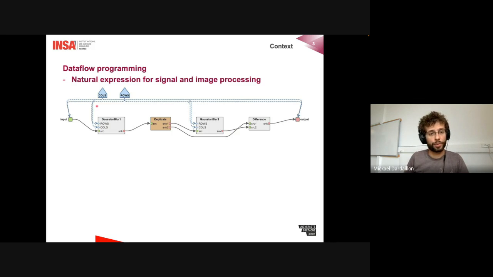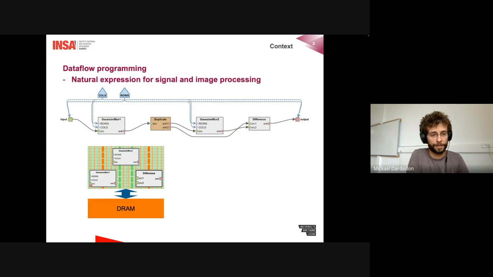But if we want to map that on an FPGA, what we could do is put the different kernels, which are here, directly mapped on the resources of the FPGA to do the computation. And then the first idea would be to connect the FPGA to an external memory, so it does its computation and then sends back the result.